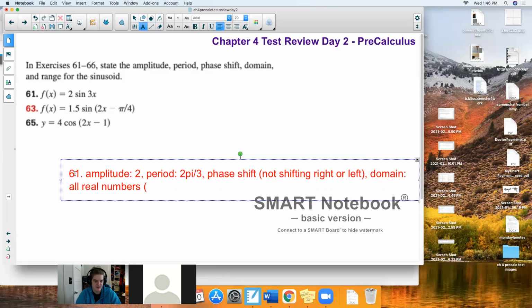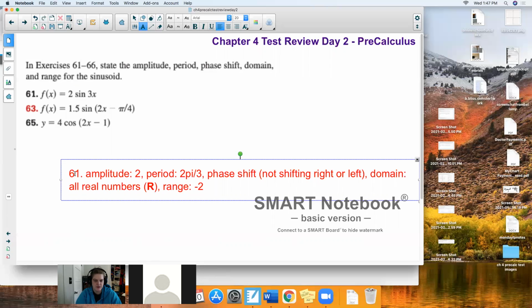Which of course is that fancy R, which is actually supposed to be bold. So if you have the ability to do the fancy R, isn't that exciting? Because now I can do bold as I'm typing. And range is going to be how far up and down? Ooh, -2 to 2.